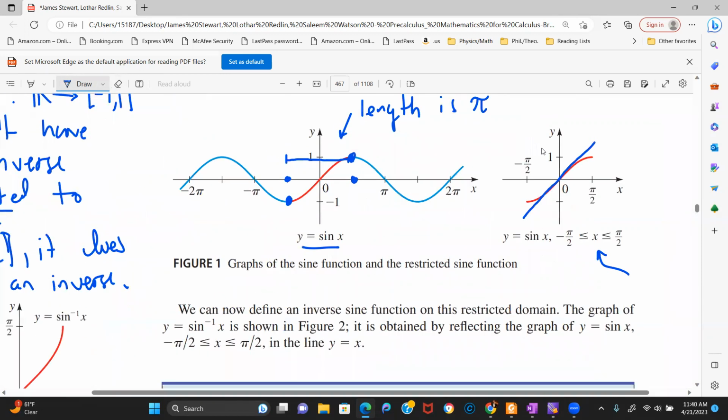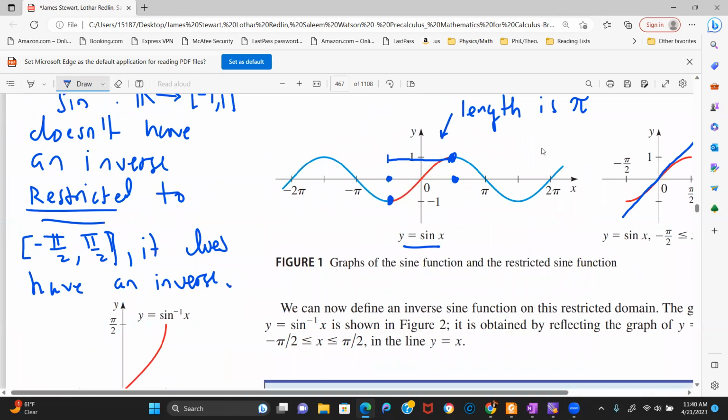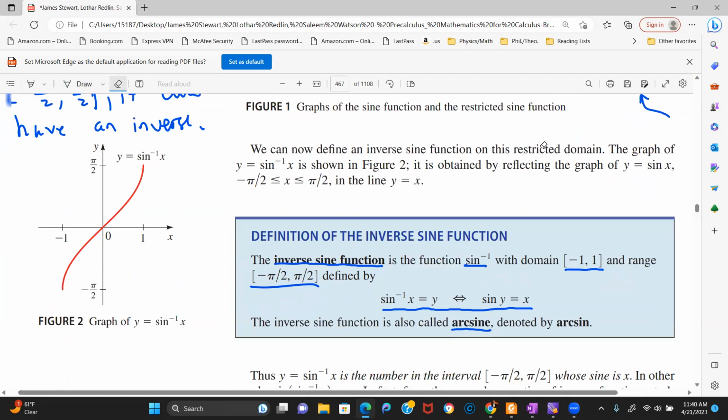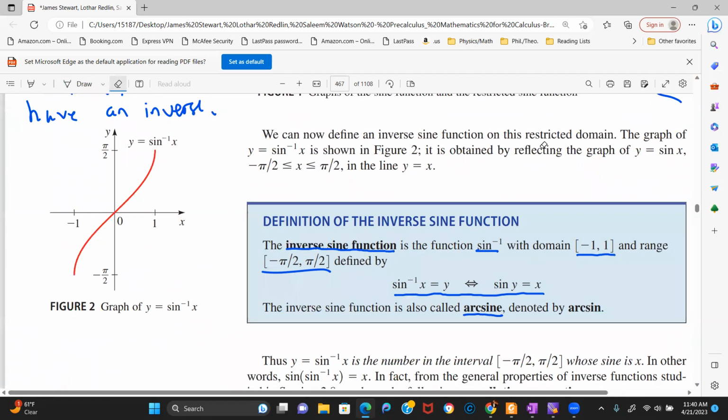So you can see that this point, yeah, I'll just leave it like that. Hopefully it's clear that when you reflect the red curve over the blue line, you get this. Remember, that's how you find the graph. You reflect it over that diagonal line, y is equal to x.